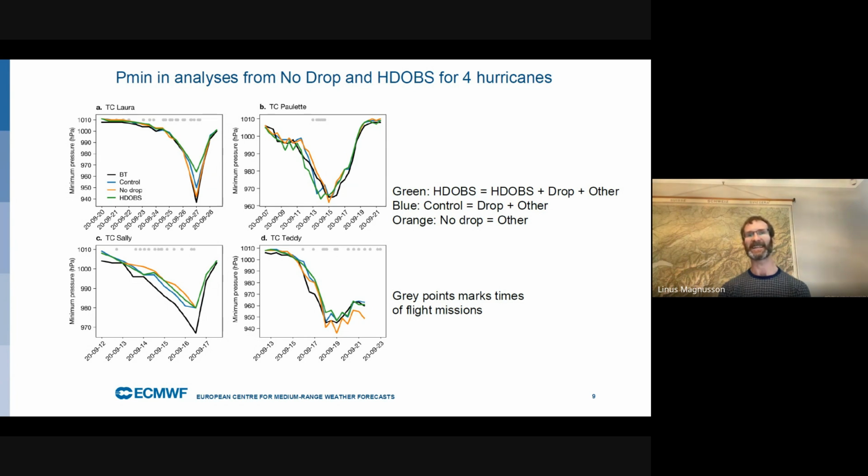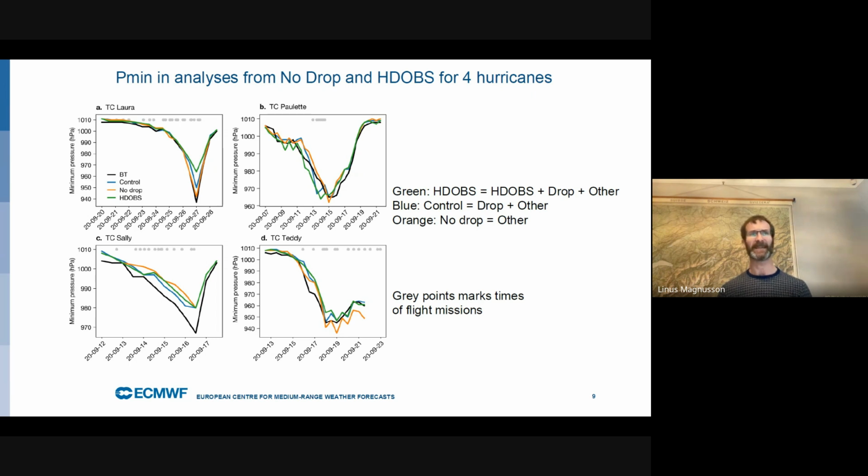Then the experiment that includes all the data types is in green. So that's the one we expect the best performance for. When we take out the HDOBs, we go to the blue. And if we take out both HDOBs and drop zones, then we get to the orange.